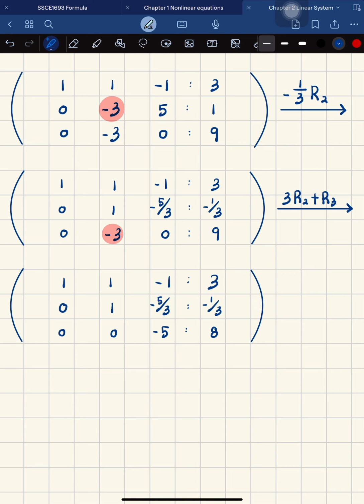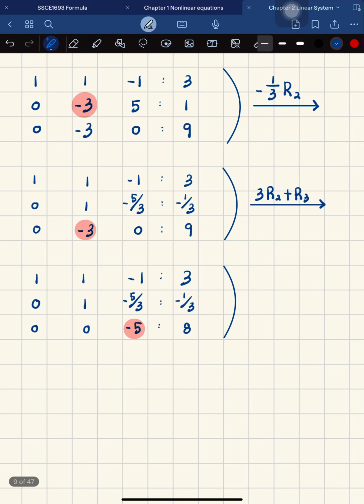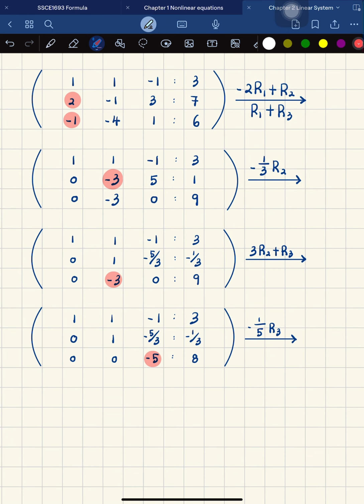Right. So the last step is negative 5, because we want to make it 1. So because we want to make it 1, we apply the multiplication technique. So we multiply with 1 over 5, row affected. As you can see, if you apply multiplication, the value here will be similar to the one that we want to calculate. Like this one, negative 3, this one also negative 3.